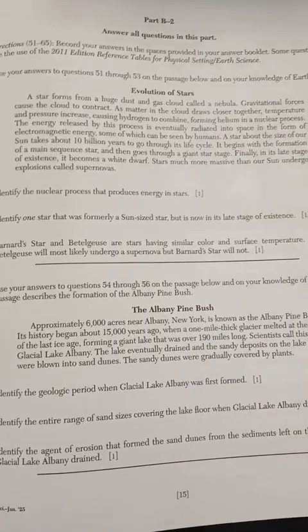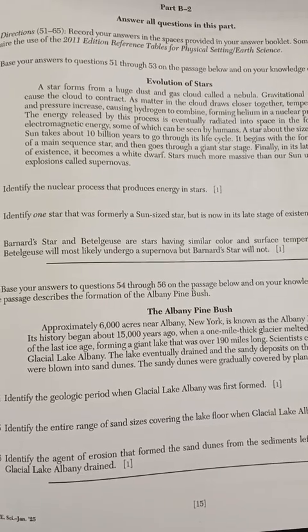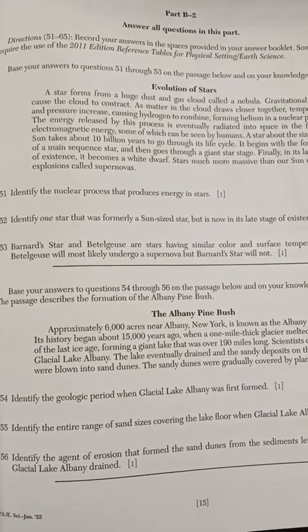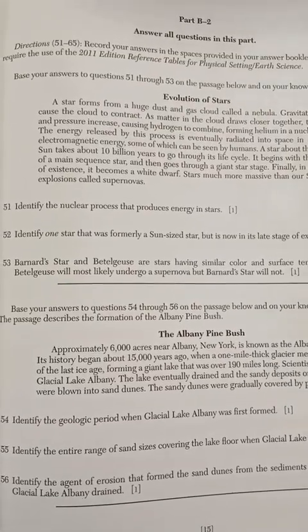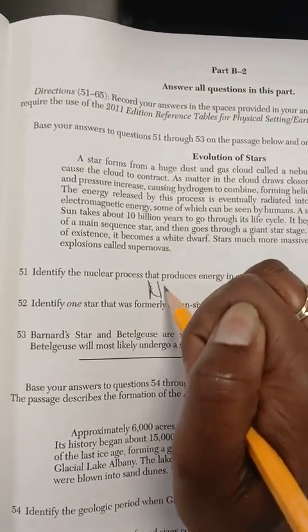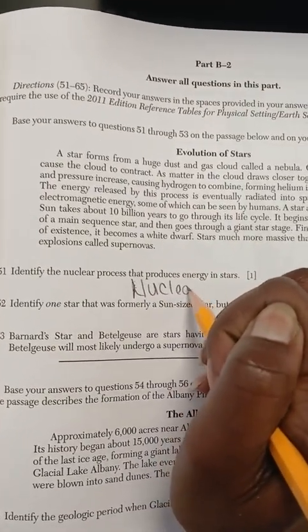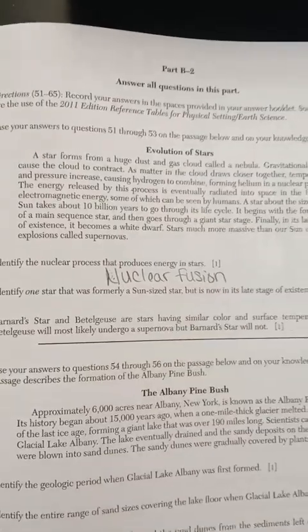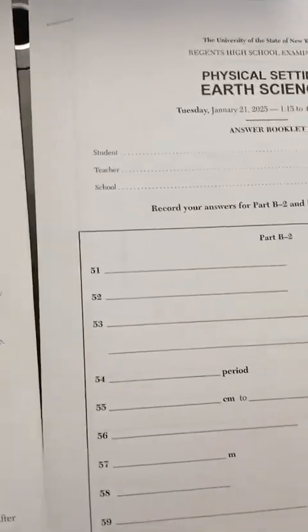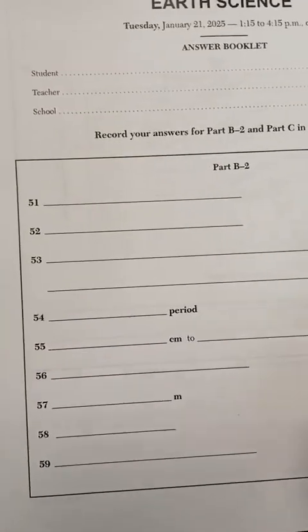So this is an Earth Science knowledge question that you must know. If we know from our learning experience throughout the year, we would know that this is called nuclear fusion. So nuclear fusion would be our answer to number 51.